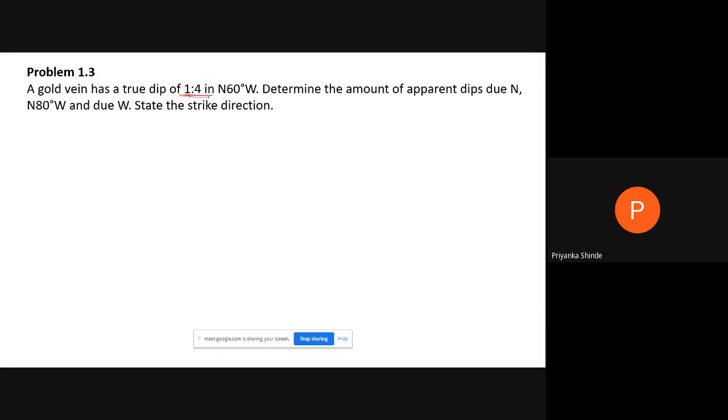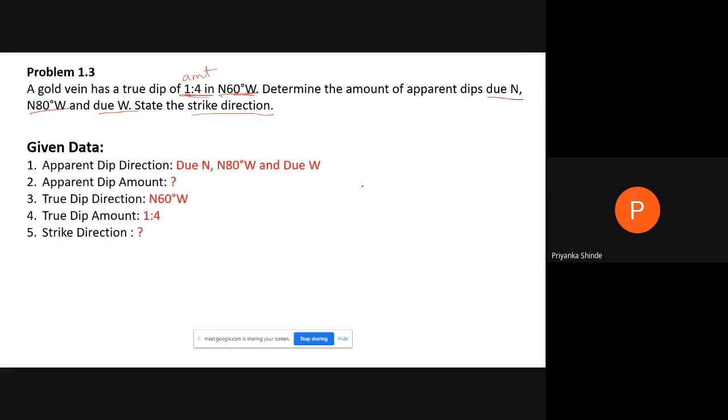There is a gold and amount is given, that is north 60 degree west and amount is 1 is to 4.